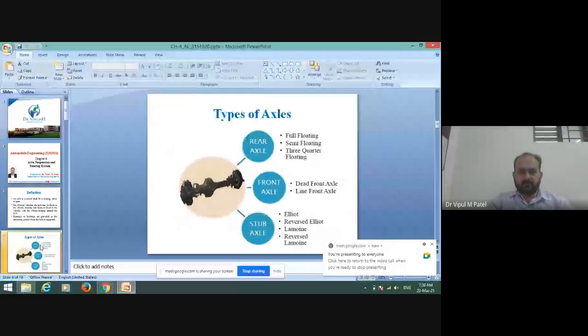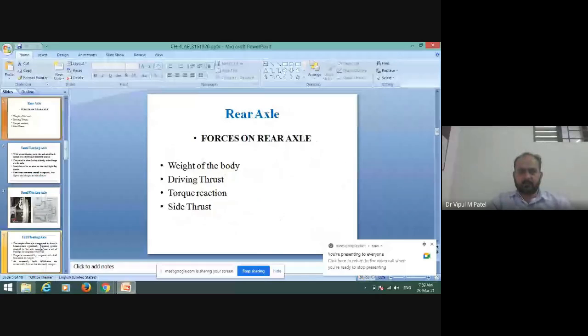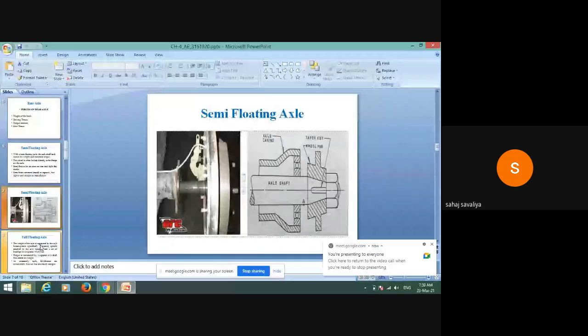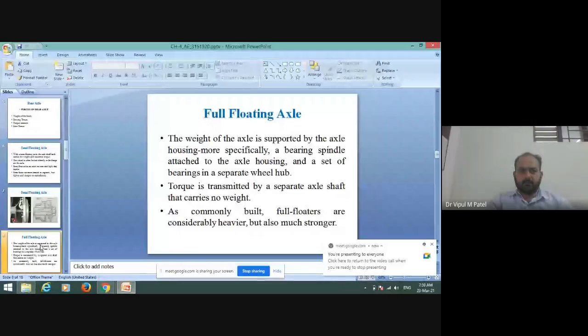Okay. I am changing the slide. Does the slide change in front of you? Yes, sir. Rear axle, semi-floating axle, full floating axle. Okay, good. So full floating axle.